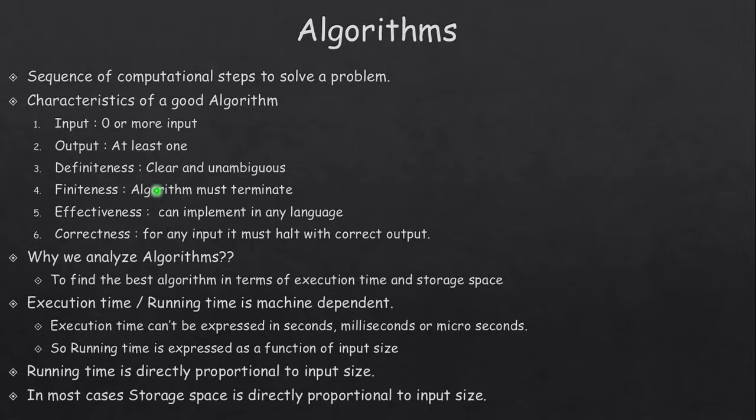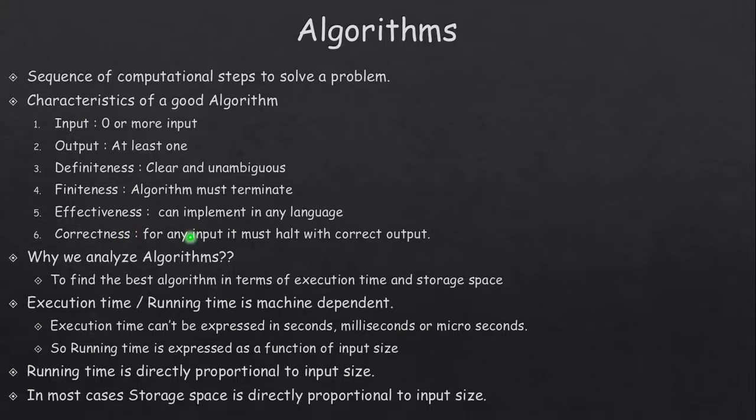Finiteness. Algorithm must terminate. That means the algorithm must end. We can't write an algorithm which runs indefinitely, or a program which enters into an infinite loop. Next is effectiveness. Effectiveness means the algorithm can be implemented in any language, meaning any programming language. Correctness.